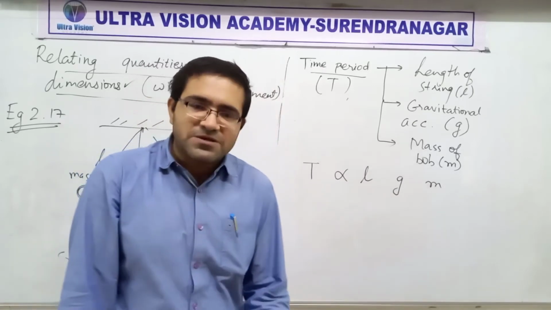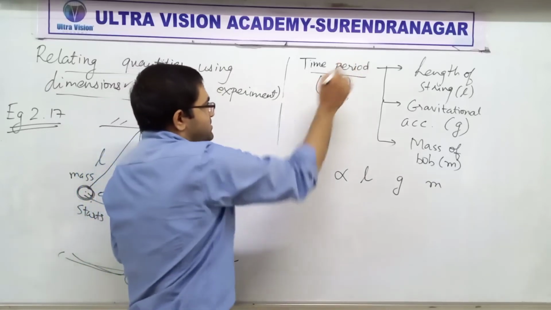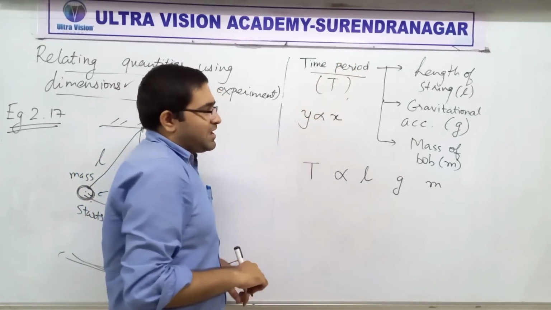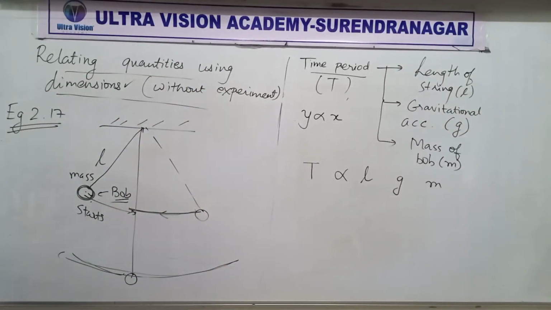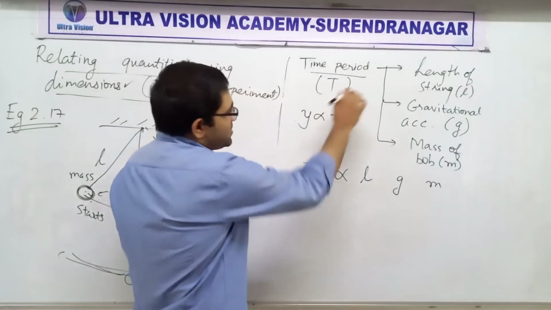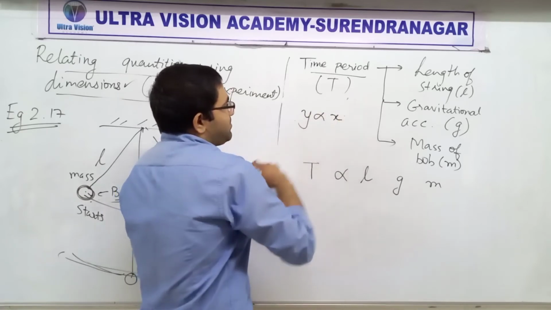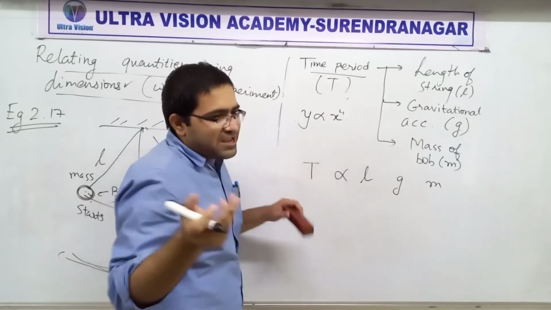But it's not necessary that it's all directly proportional. I hope you remember what directly proportional looks like. It's not necessary that it is directly proportional. That is, it could be y depends on x square, it could be y depends on x cube, it could be y depends on x raised to 4 or anything like that.